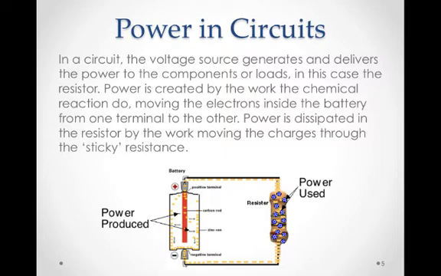Now let's take a look at power in a circuit. Here's our circuit with our battery, and this battery is doing work and separating the charge and producing the power.